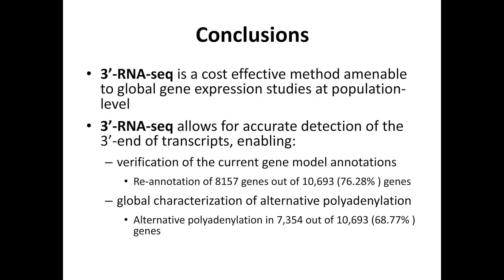We found that 7,354 genes had alternative polyadenylation sites, which is almost 70% of the genes expressed in adipose tissue. So 70% of the genes show alternative polyadenylation, which is a huge amount of variation.